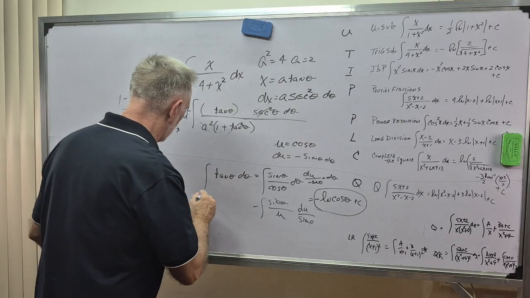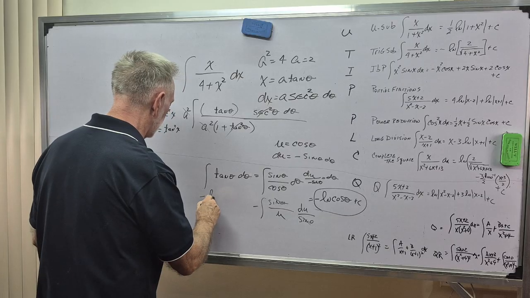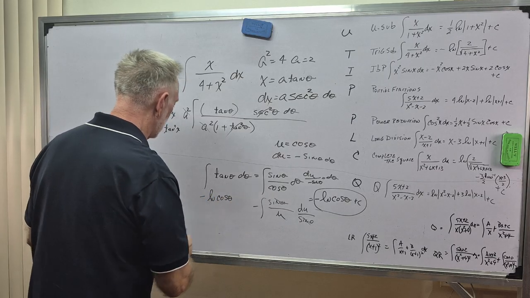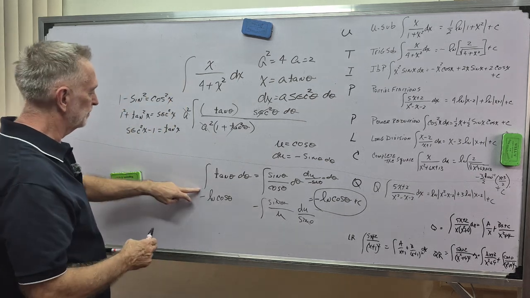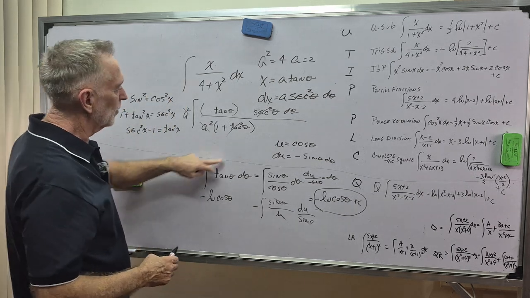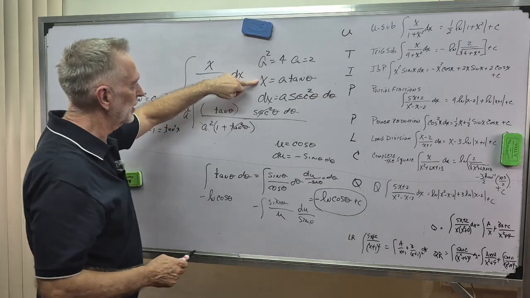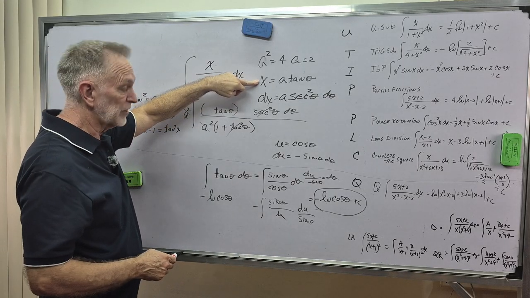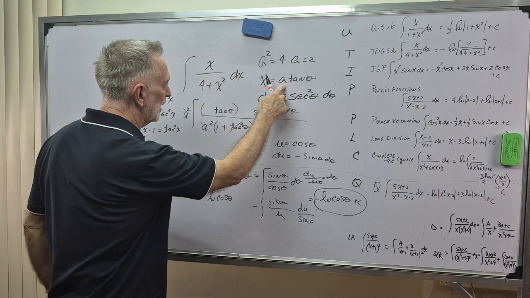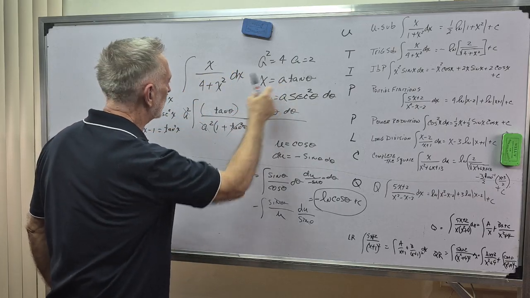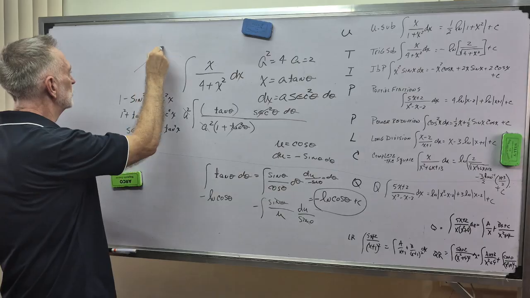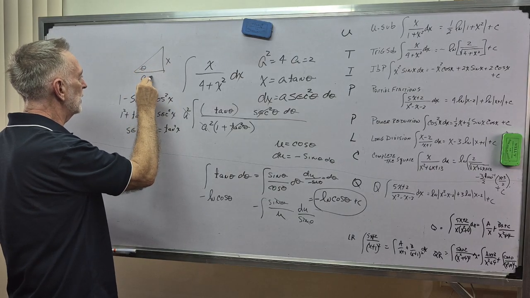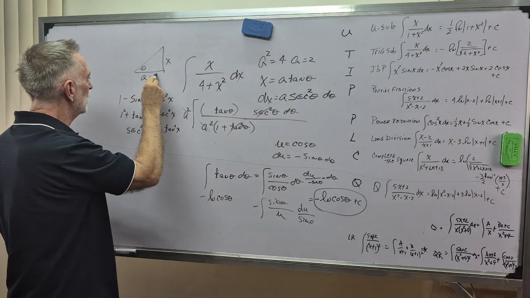Oh, but we're in the theta world. Minus natural log cosine theta. Where were we? We said x over a is tangent theta. If I divide both sides by a, x over a equals tangent theta. So my triangle, theta, x over a, and a was 2.